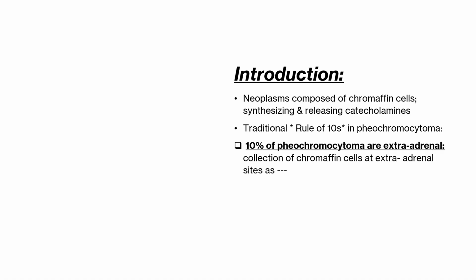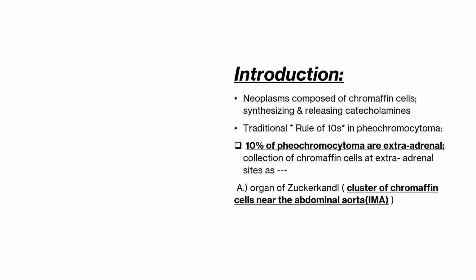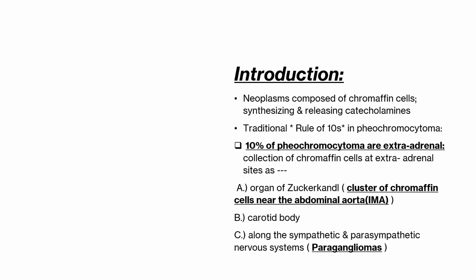can be present at a site other than the adrenal gland, and that could be any site, like the organ of Zuckerkandl. That means the cluster of chromaffin cells present near the abdominal aorta. Next could be the carotid body, and others could be the sympathetic and parasympathetic nervous system, which are referred to as paragangliomas.